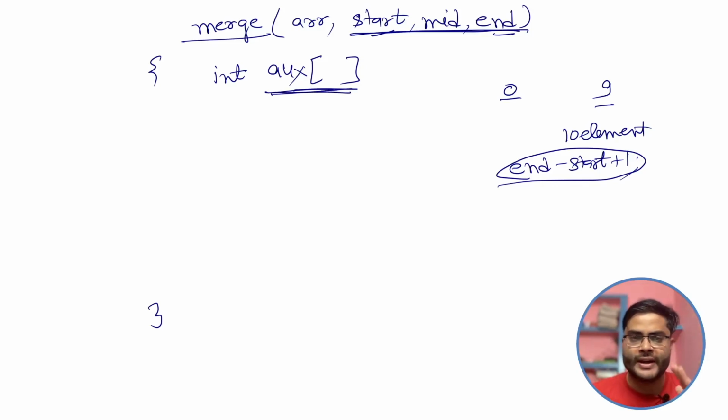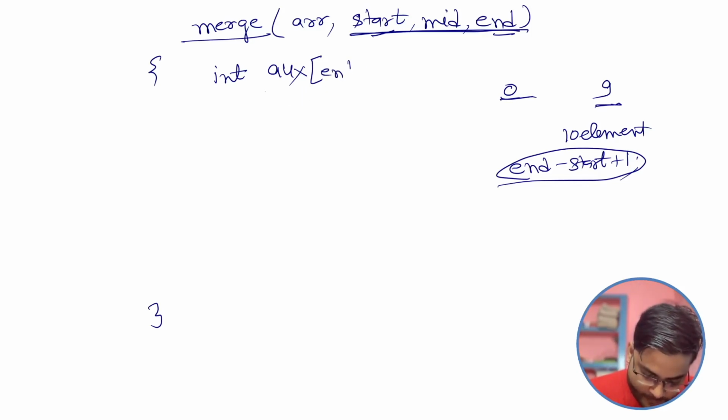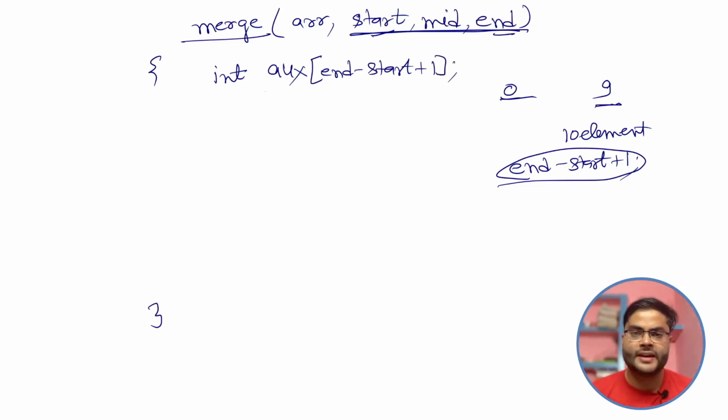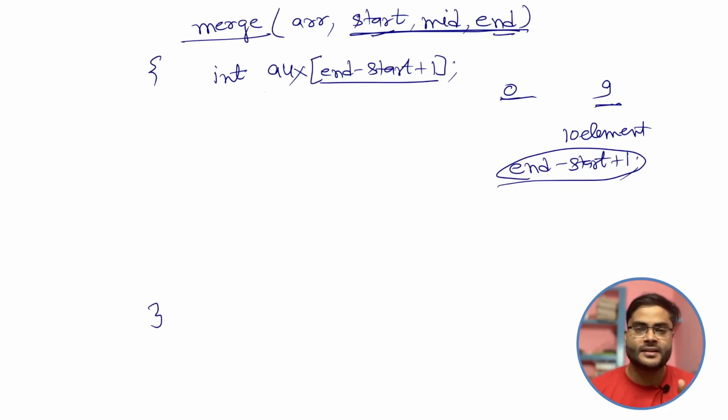Here initially we are passing 0 and 9, so it will be end minus start plus 1. You can take it in a variable, then store the variable itself. So we have taken the auxiliary array of size end minus start plus 1.